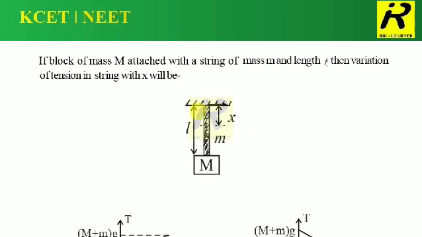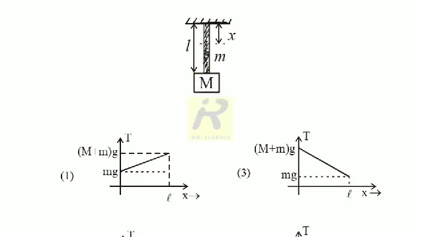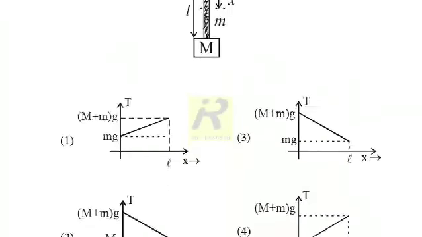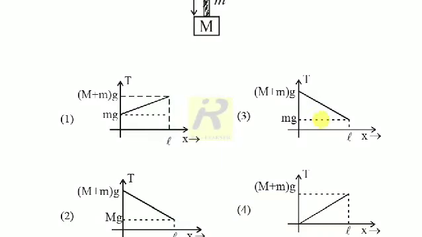The mass of this whole rope is m with small letter. The total length of the rope is L. Now we have to identify the correct graph among these four choices, where the graph has been drawn x versus the weight, otherwise tension.